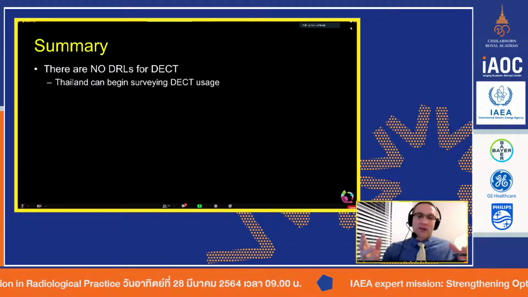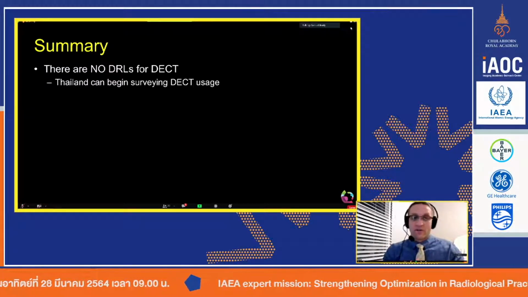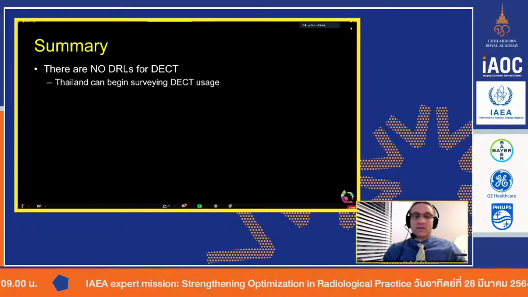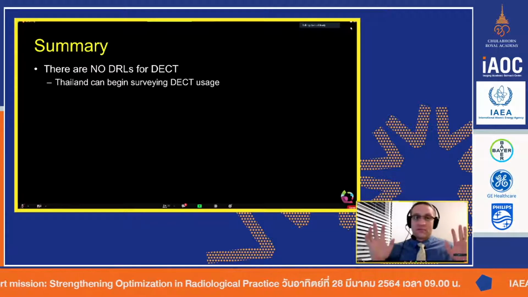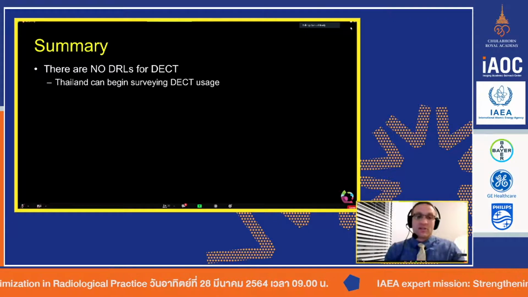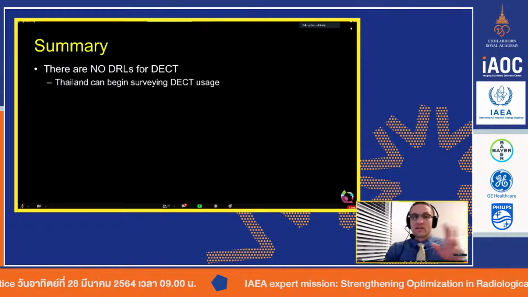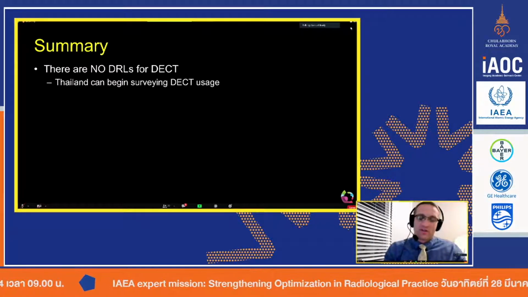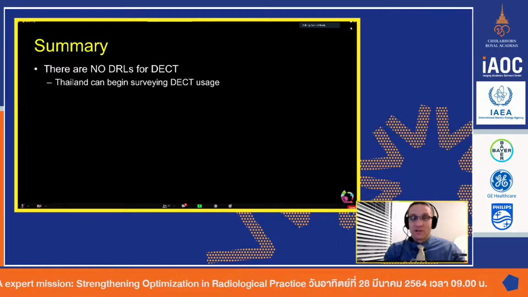Now, looking out and into literature, I could not find any diagnostic reference levels for dual energy CT. It's my understanding that even in Thailand, that's not something that you've approached yet. But that's the same in America, it's the same in Europe, it's the same everywhere else. And so this is a great opportunity that as Thailand now starts to install their dose tracking software throughout the country, maybe at probably the larger academic centers, you're probably going to do maybe more dual energy than your community centers.